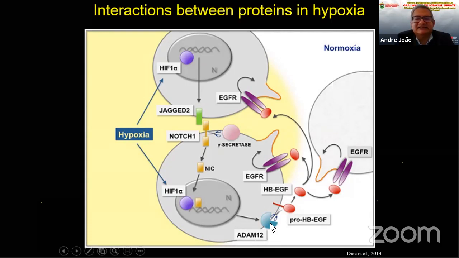ADAM12 is an enzyme of the MMP family, which cuts the pro-HBEGF and releases HBEGF. HBEGF, a growth factor, can bind to EGFR and induce the formation of invadopodia in hypoxia and normoxia conditions, in a paracrine or autocrine way.